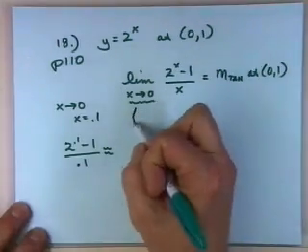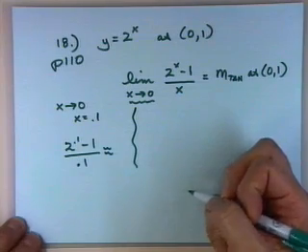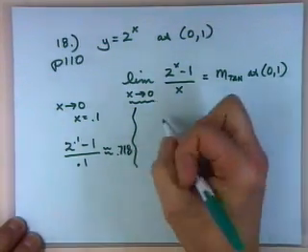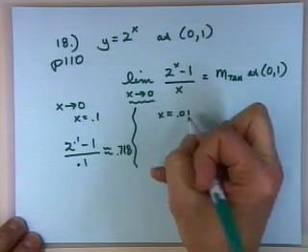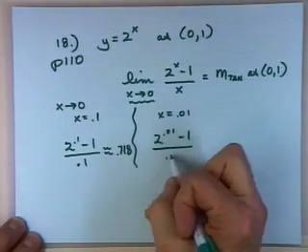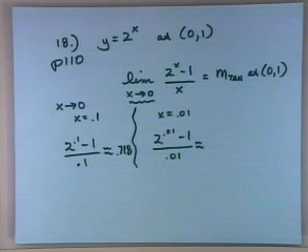Okay? What do we get here? 2 to the 0.1 minus 1 all over 0.1. 0.718. All right, let's get a little closer to 0. Now x is 0.01.